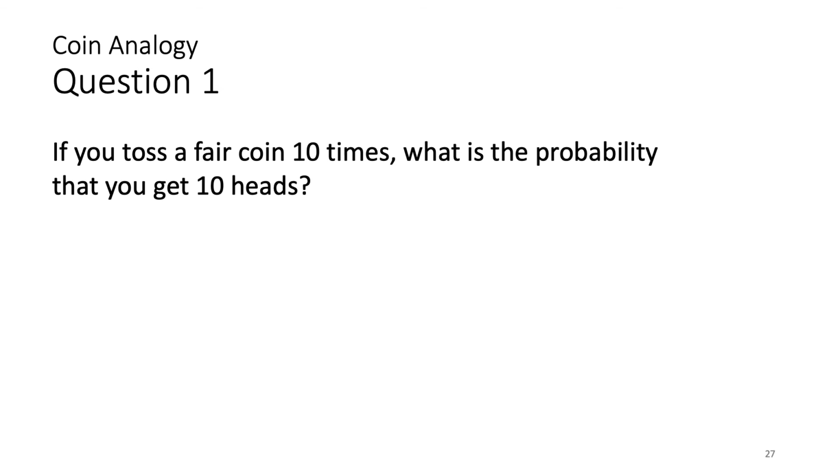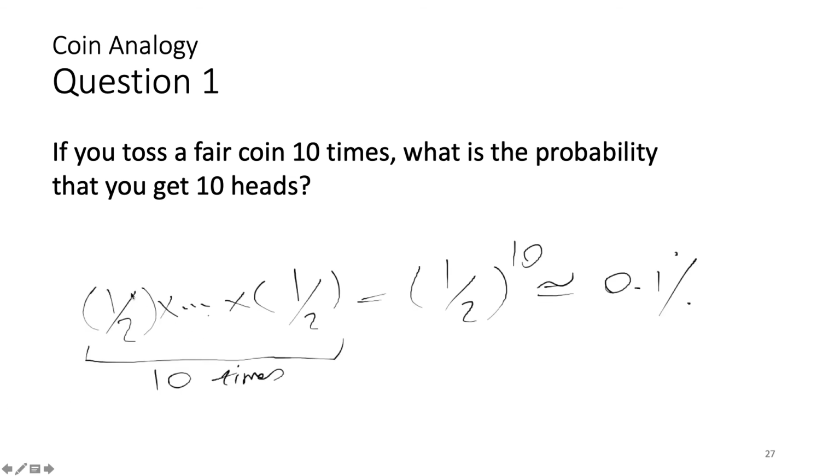Yes, so we have to account for that 10 times. Why do you raise that to the power 10? Because each of those tosses is independent from each other, right? So they are IID. Simply 10 independent outcomes, and it's going to be less than 1%.